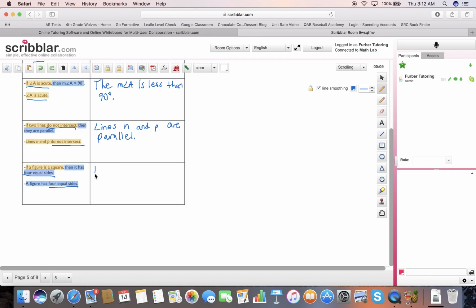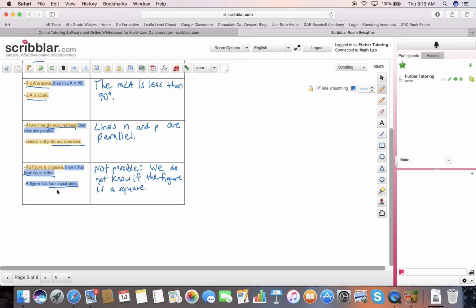So it's not possible for us to draw a conclusion using this statement, okay? We can't say that it's a square because it could be a rhombus, but we do not know if the figure is a square.